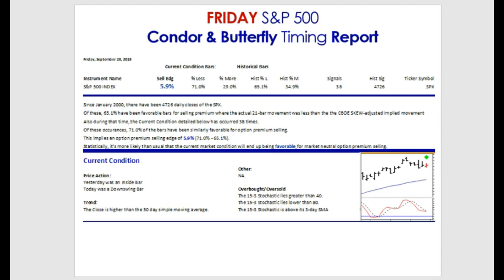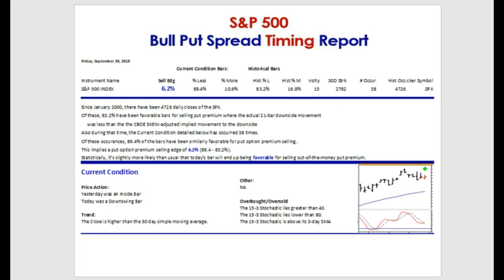Now, of those 38 occurrences, 71% of those have been similarly favorable for option premium selling. 71 is a higher number than the baseline of 65.1. So we have then a theoretical option premium selling edge of 5.9%. Okay, so statistically, it's more likely than usual that this current market condition will end up being a favorable one for market neutral option premium selling, like using butterflies and condors. Okay, so there's that report there.